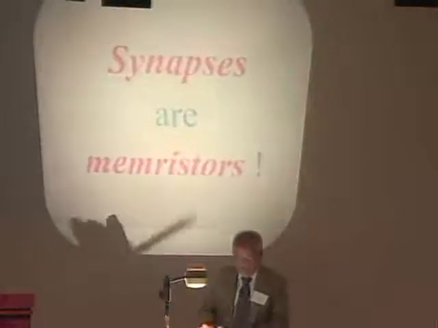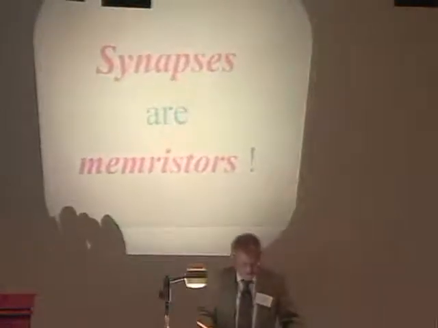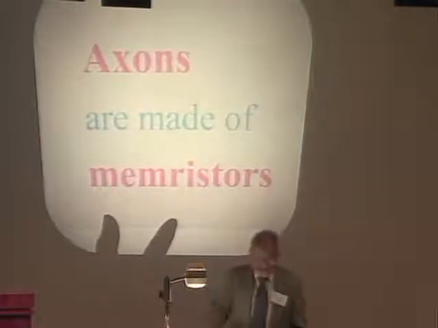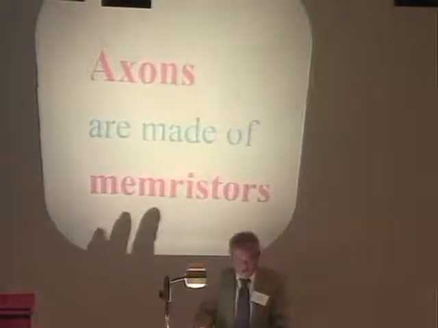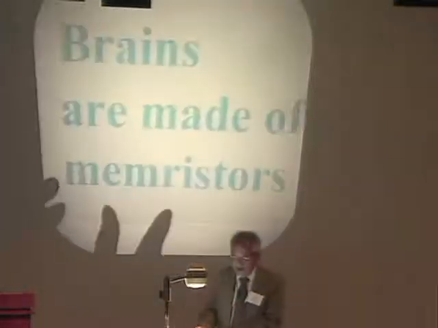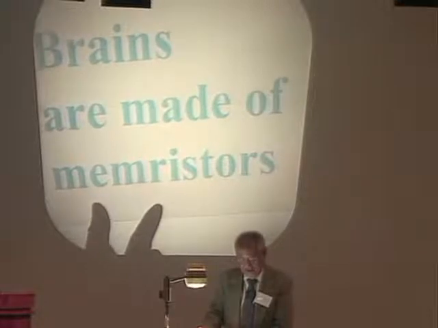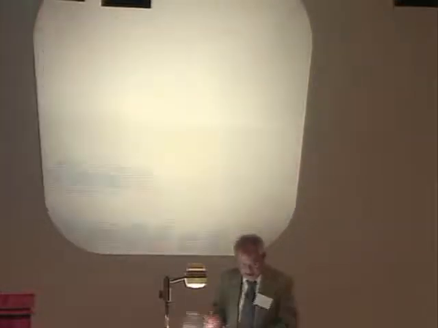And I want to convince you today that synapses, one of the two components of our brain, are in fact Memristors. And I will also show you that axons, the other major component, are also made of Memristors. So you might be surprised to learn today that brains are made of Memristors as far as intelligence is concerned.